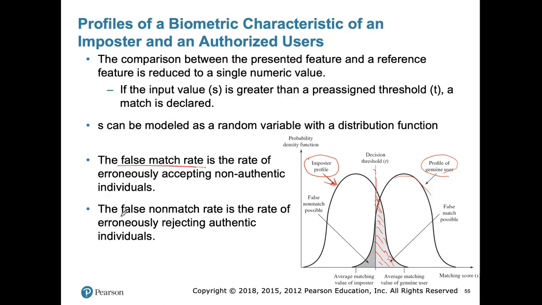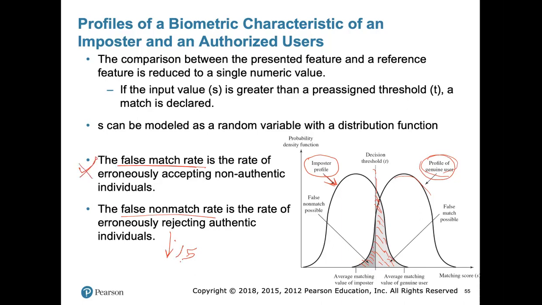We also have the false non-match rate, which is this darker shade, and is the case where a genuine or authentic user comes and we mistakenly reject them. This one also we want to keep low, let's say below 5%, but of course it's clear that the false match rate is more important.